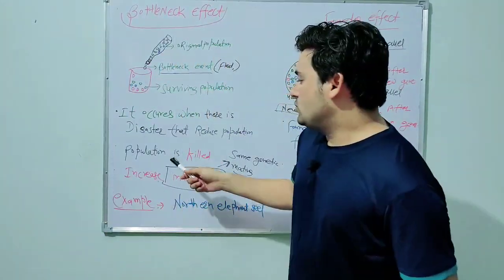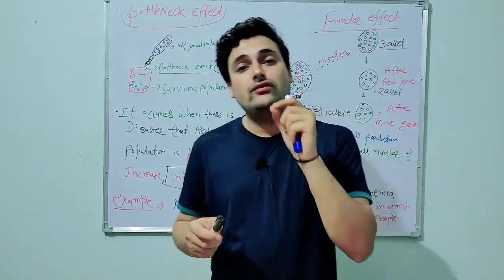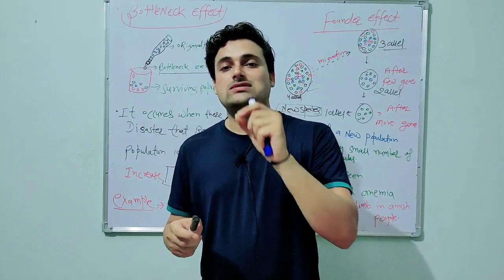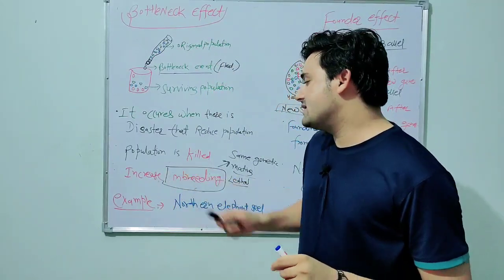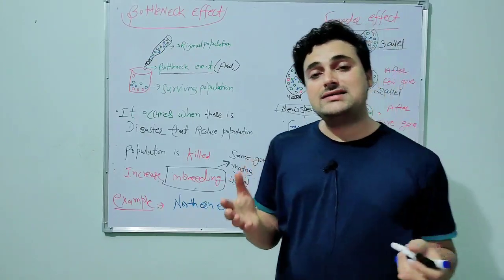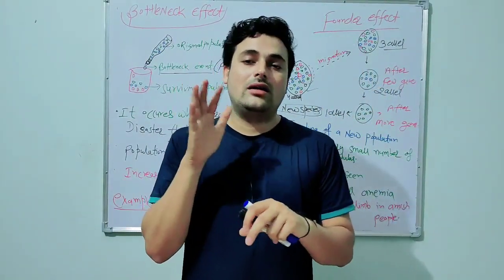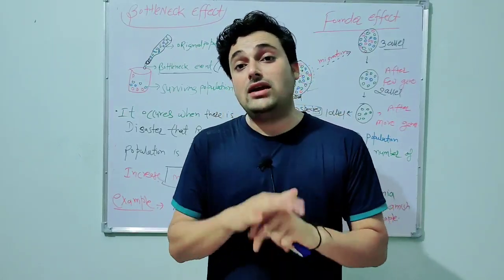So here you have to know the bottleneck event has a death process in it. The population is killed and it will increase inbreeding. Why is inbreeding increasing? Because your diversity has become very low.